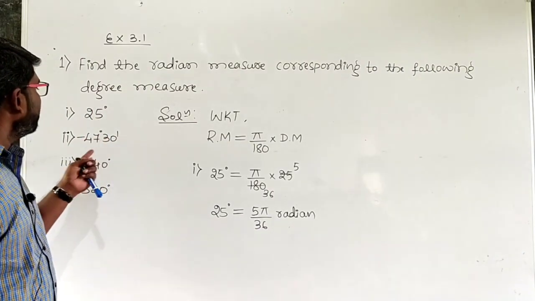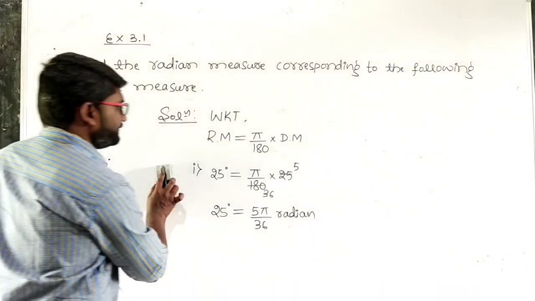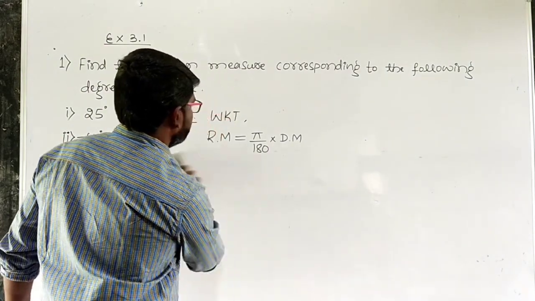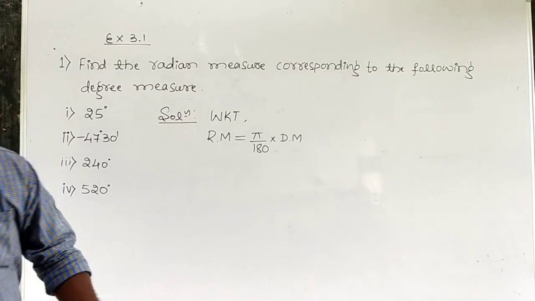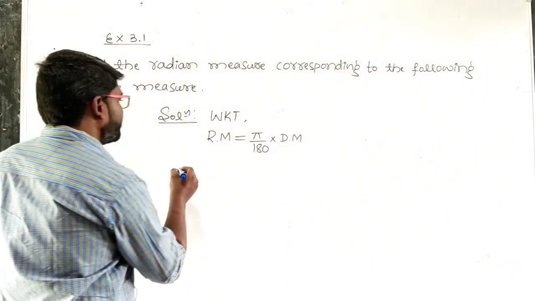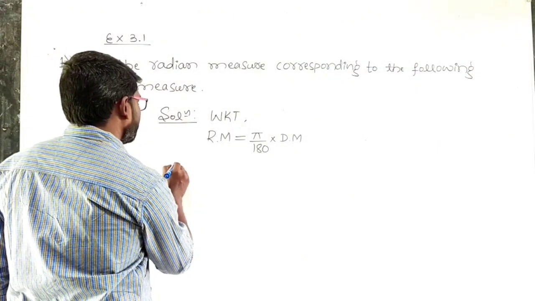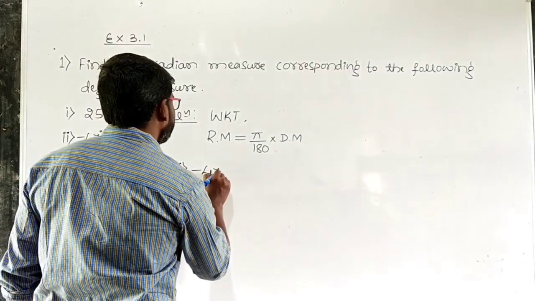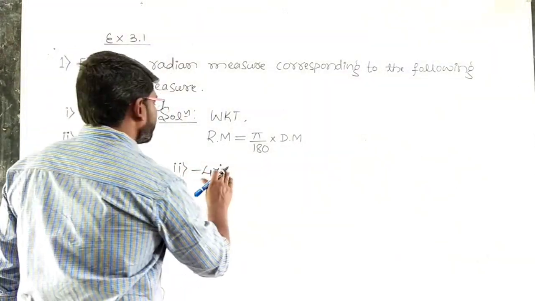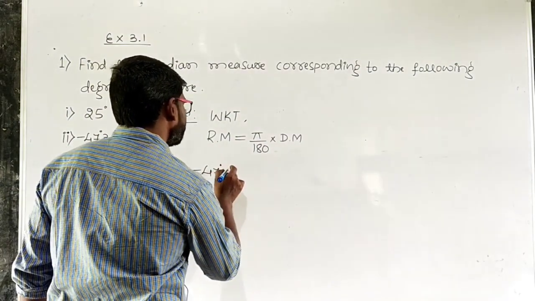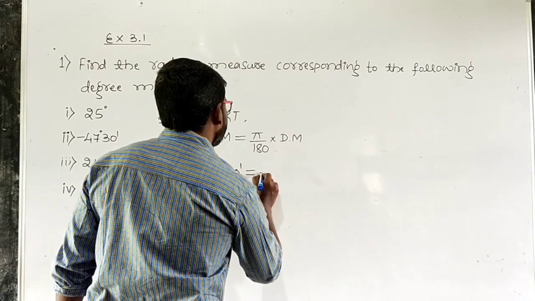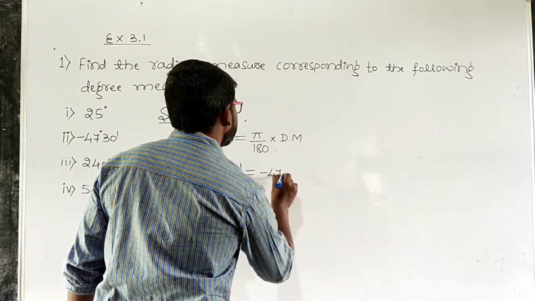Then we'll go for the second one. So now let us solve the second problem. It is minus 47 degree 30 minutes, which equals minus 47 degree, I write it as it is.